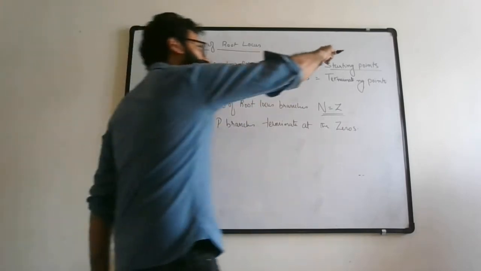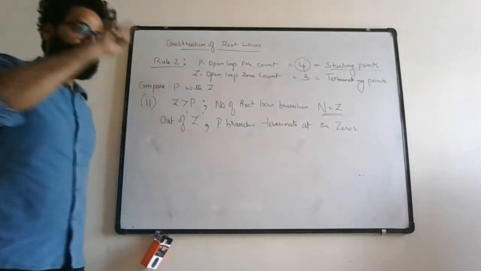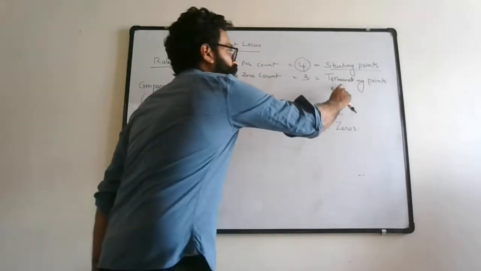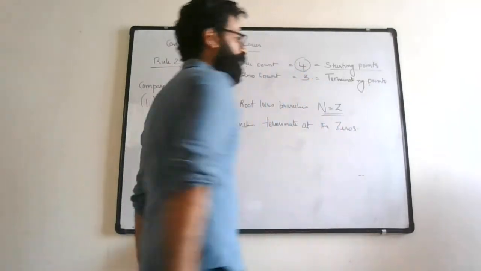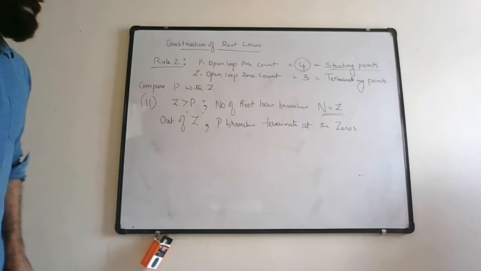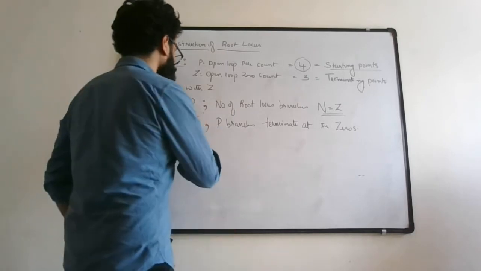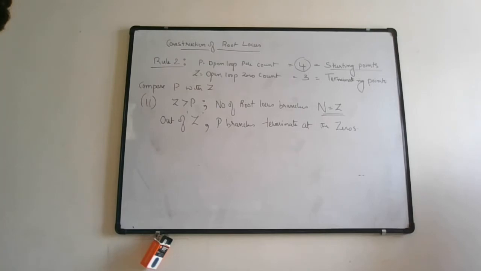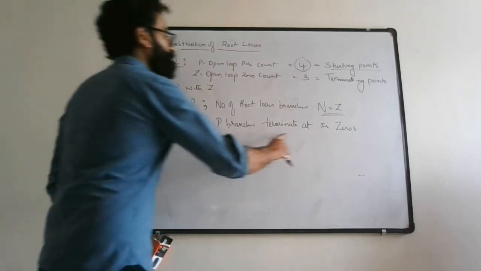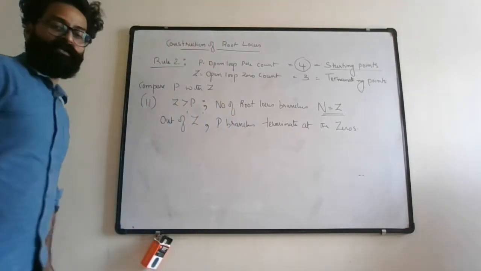So starting point should terminate. Okay, should end up at the terminating points. Okay, so for some reason these terminating points are also called sinks. Okay, so out of z number of root locus branches, p number of branches are terminating at zeros.